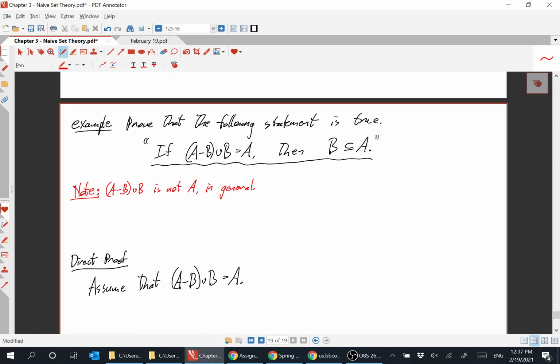Well, I mean, horses are not brown in general. What do I need to do to display the truth of what I'm saying? Horses are not brown in general, in general, like always. So maybe we'll say it that way instead of in general. A minus B union B is not always equal to A. Right? Horses are not always brown. What do I need to do to verify that to you?